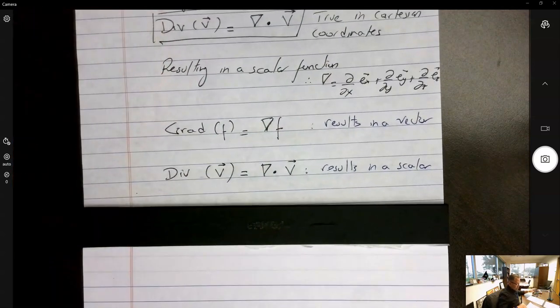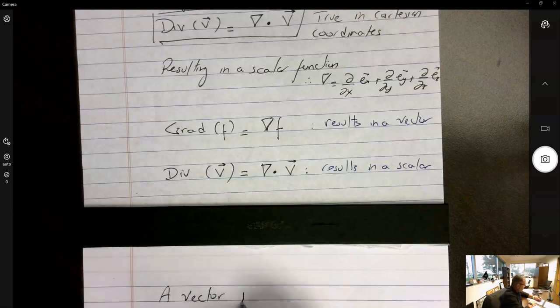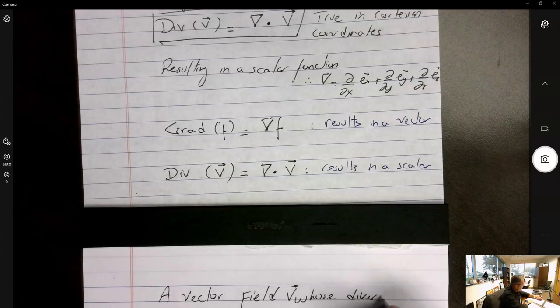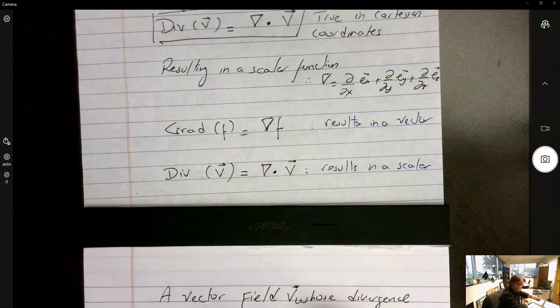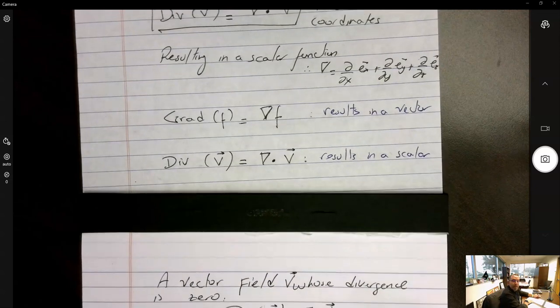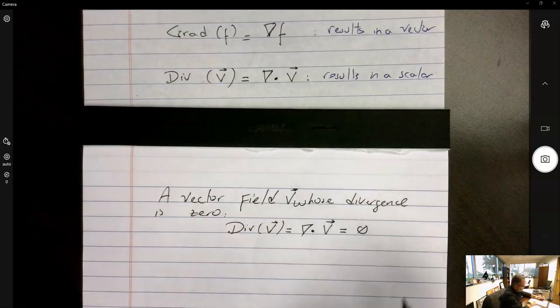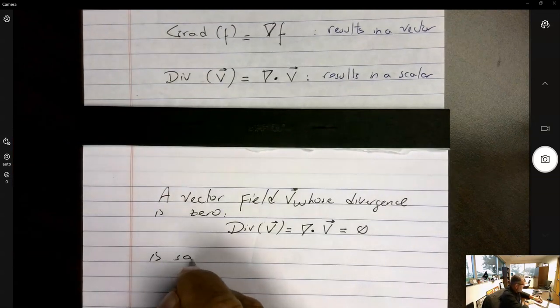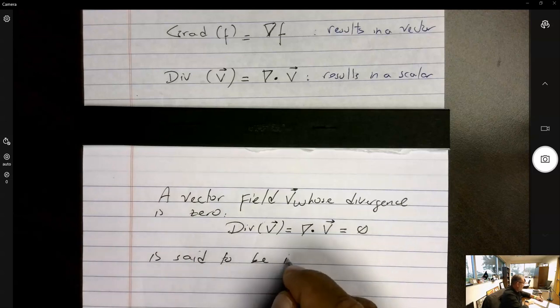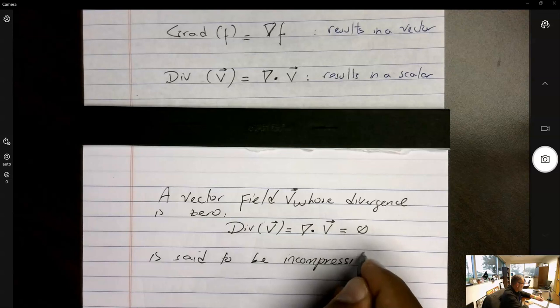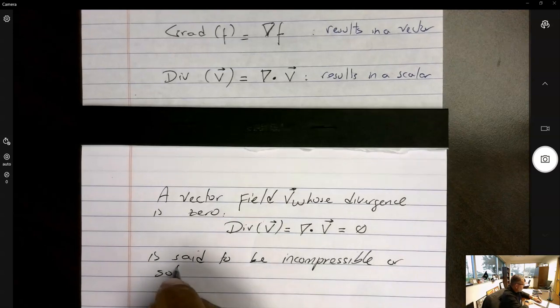Now, a vector field V whose divergence is 0, so if the divergence of V, which is equal to del dot V, happens to be 0, then it is said to be incompressible or solenoidal.